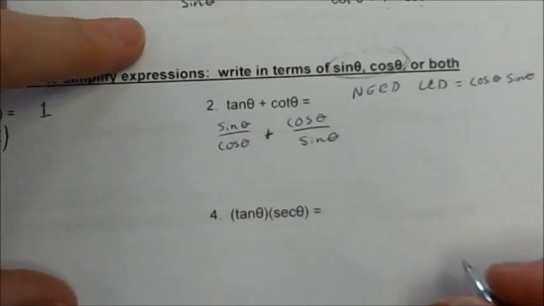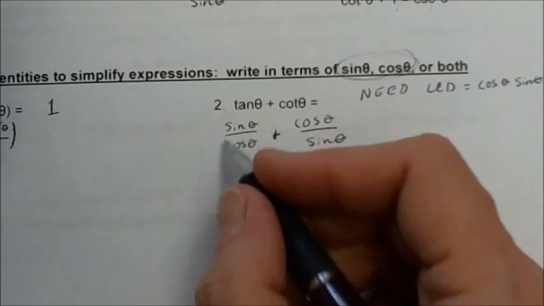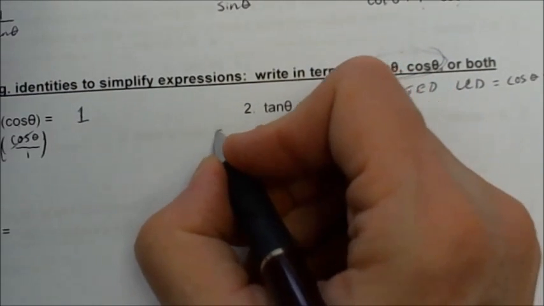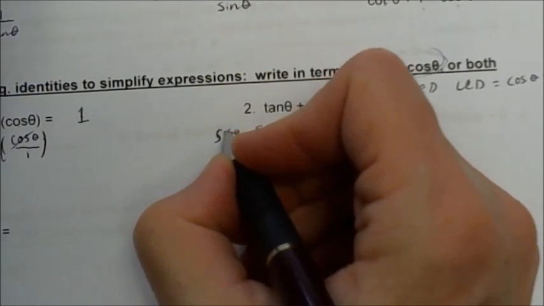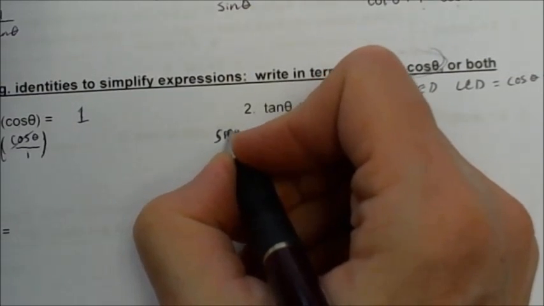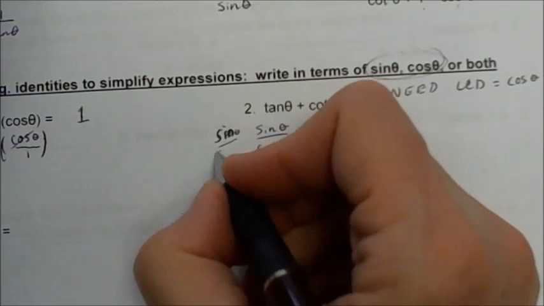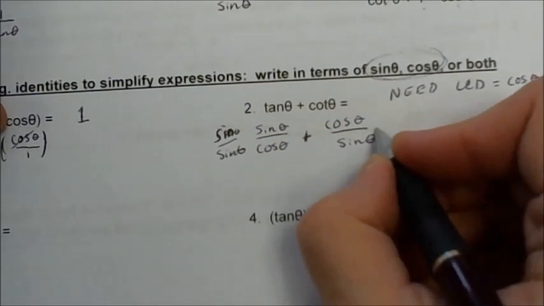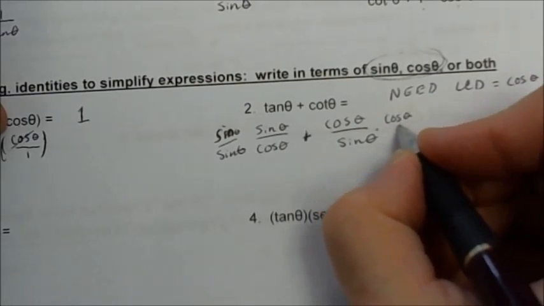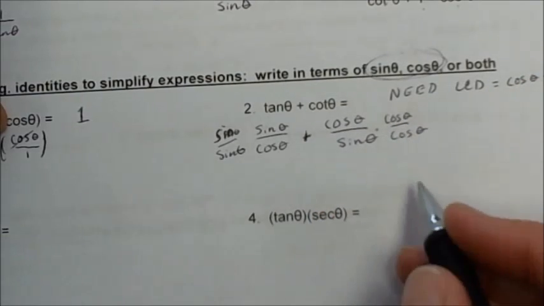And in order to get the common denominator, we're going to multiply this by the sine of theta over the sine of theta. So now we've got the LCD here. We're going to multiply this by the cosine of theta over the cosine of theta.